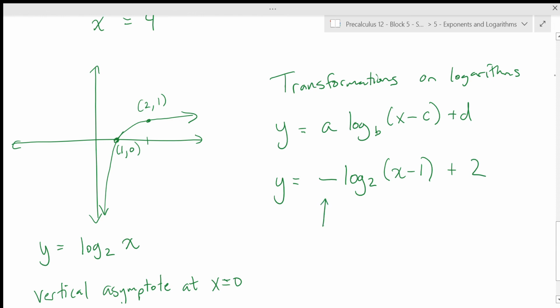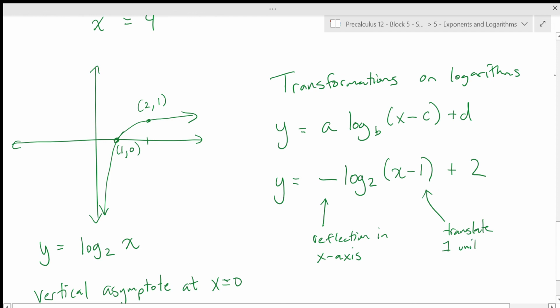So this is a reflection in the x-axis because it's outside the function. This is a translate 1 unit right, and this is a translate 2 units up.